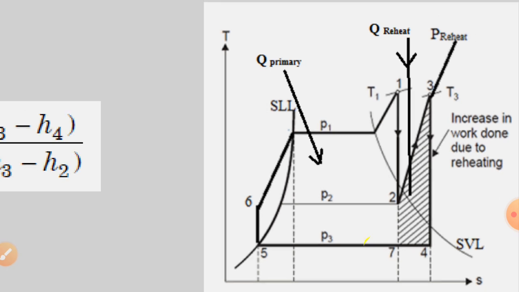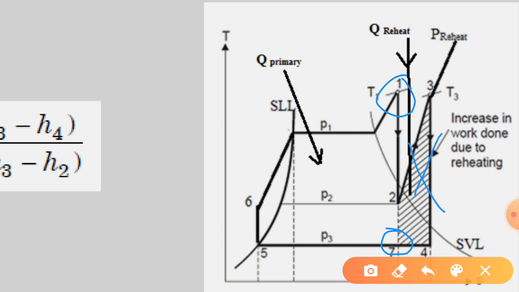The turbine work developed is the 1 to 7 process, because there is no reheating at all. So this part will not be there. With reheating, this was the net work developed. So here he has highlighted this, 1 2.